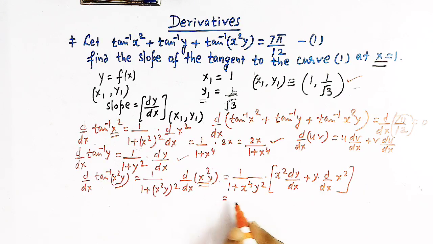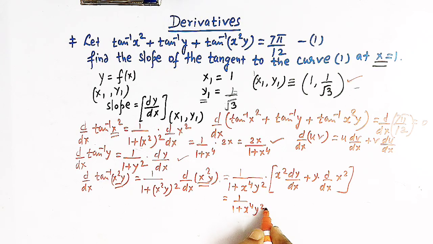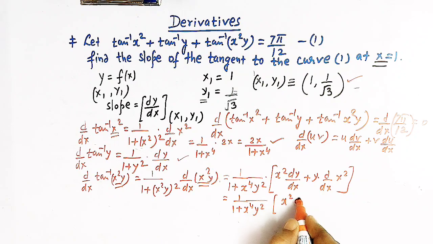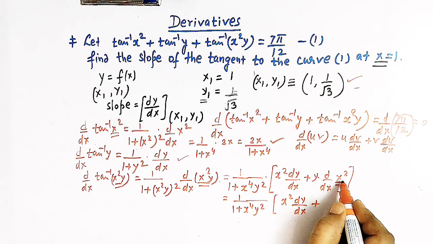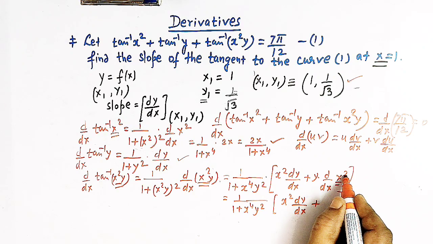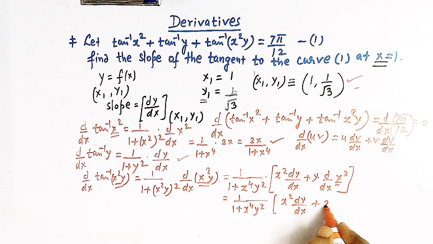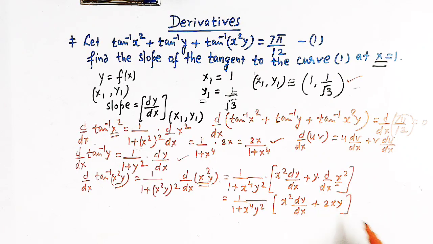So this is 1 over 1 plus x raised to 4 y square, and here we have x square dy over dx plus this is 2x, the derivative of x square with respect to x, so we have 2xy, right?